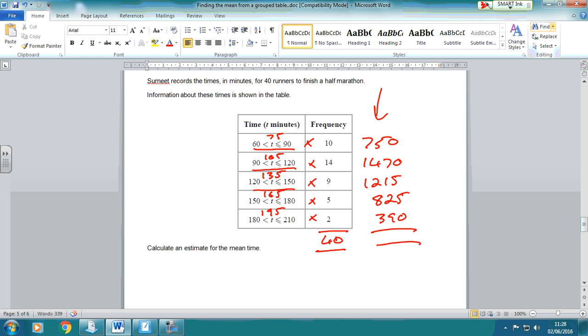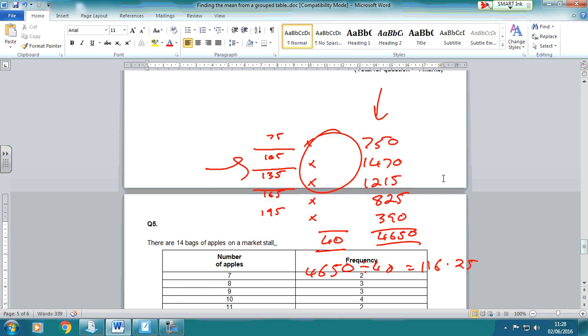And the other one, 750 plus 1,470 plus 1,215 plus 825 plus 390 is 4,650. Finally, we do 4,650 divided by 40, which is 116.25. So have a look, 116.25. Majority of the data is there, so yeah, we're happy enough with that.